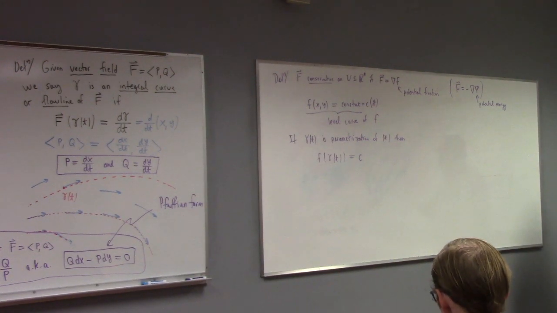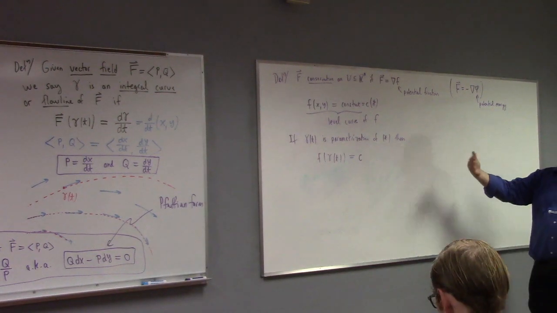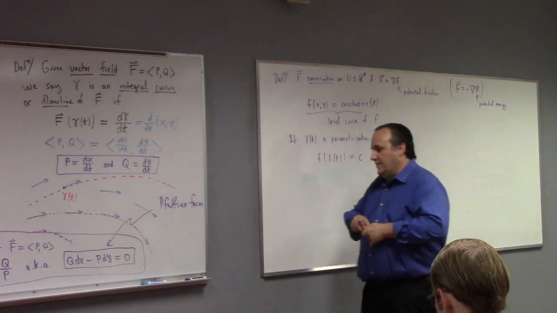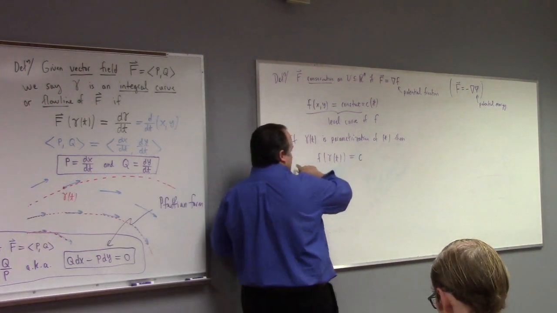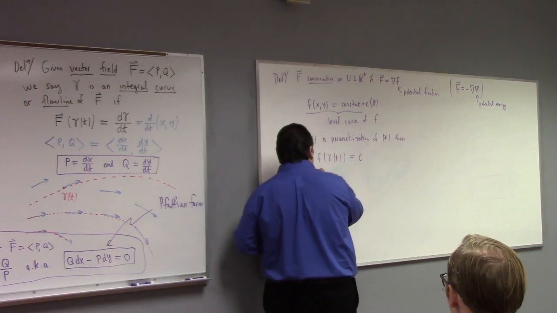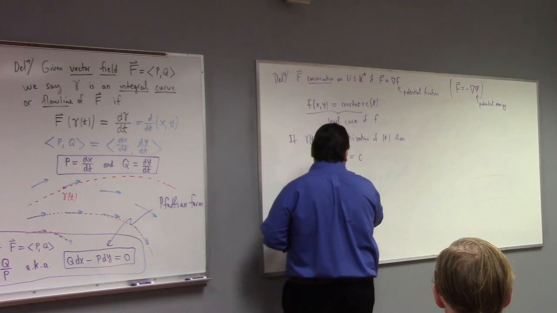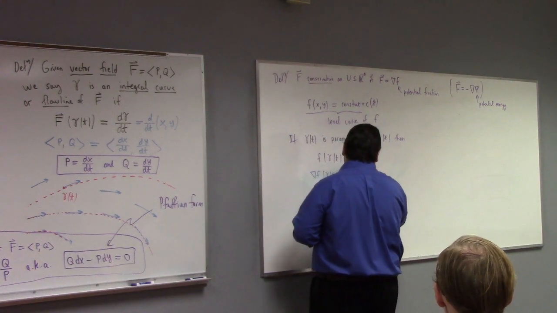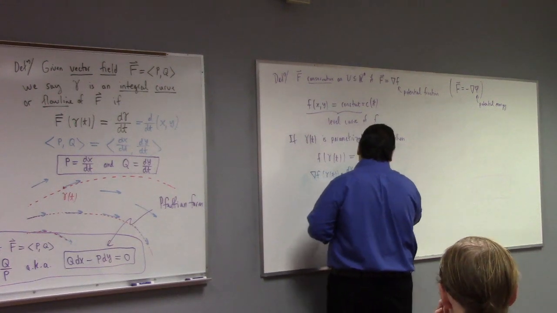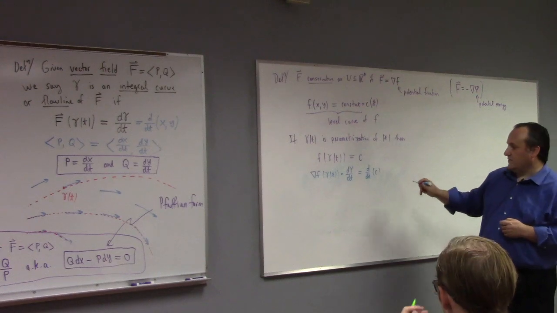So what we can do then is take the derivative of this equation with respect to time. What happens when you differentiate a function of several variables? What we get is that the gradient of f at gamma of t dotted with d gamma dt is equal to the derivative with respect to t of the constant. But the derivative of a constant is simply 0.